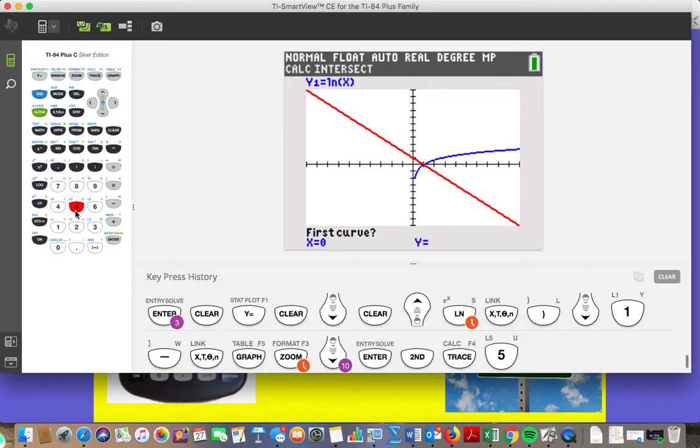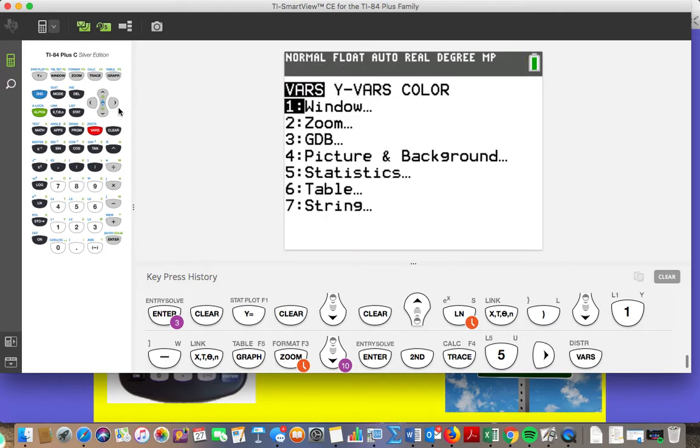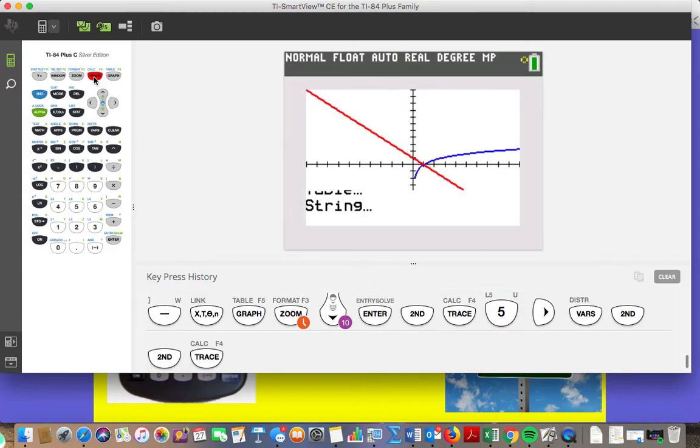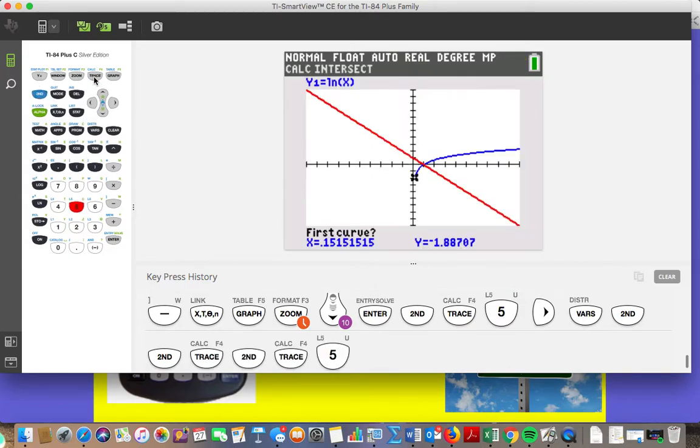If I push to the right and to the left, notice my first curve is the first question. What do I see when I go towards the right side? Sorry, let me go back here. Let me try it here. Come here again, go to intersect. What do I notice when I go to the right? What is my cursor doing?